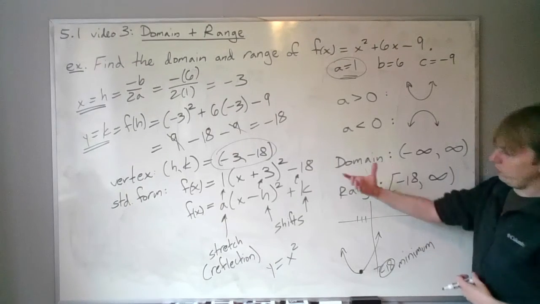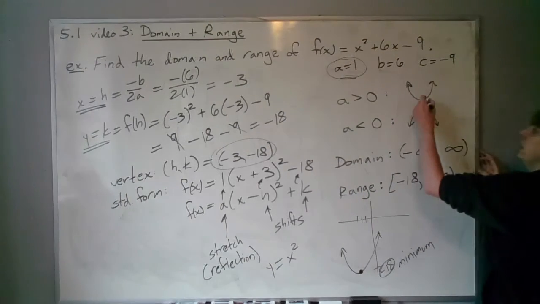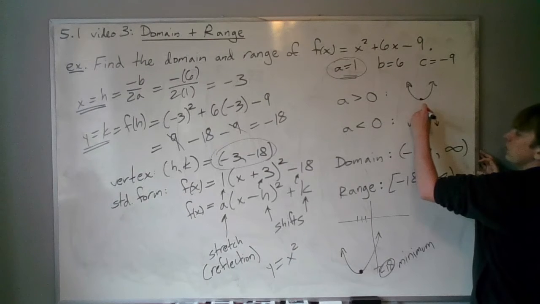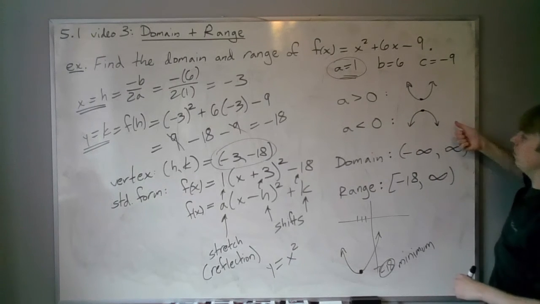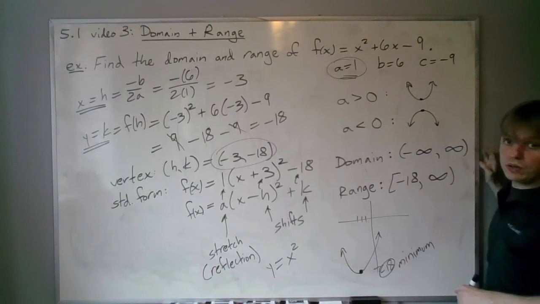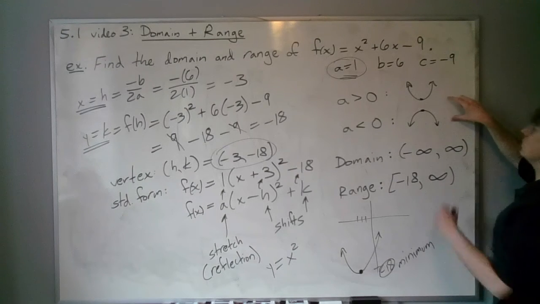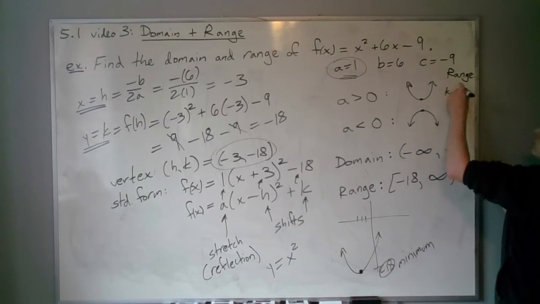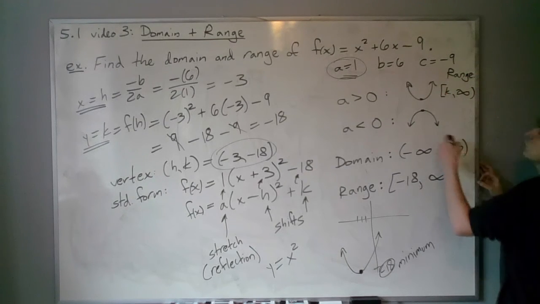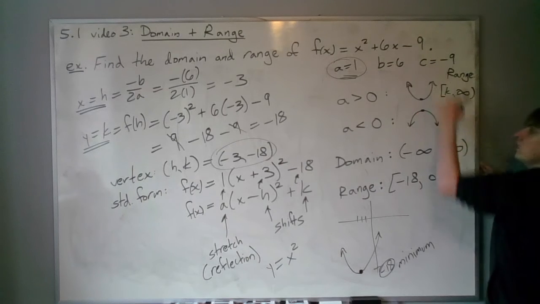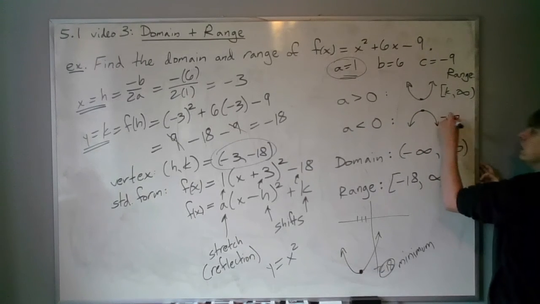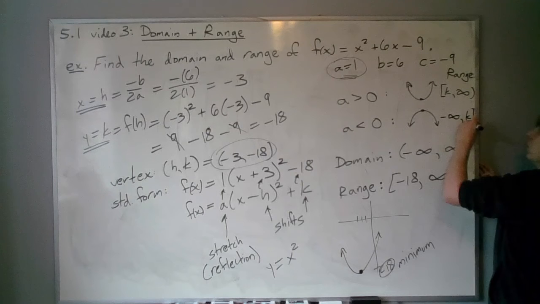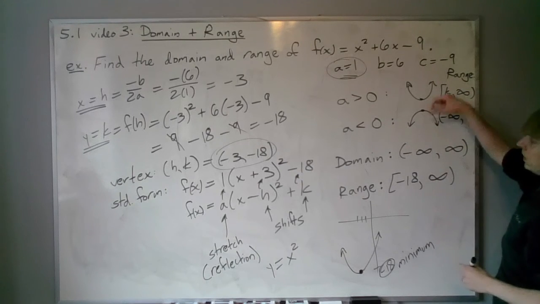If a is negative, we have an upside down parabola, and then for an upside down parabola, our range would be minus infinity up to whatever value k is. So looking at these two pictures, I can actually say what the range has to be. k to infinity, since we're going from whatever this height is up, and in this case minus infinity to k, because we're going from whatever this height is down.